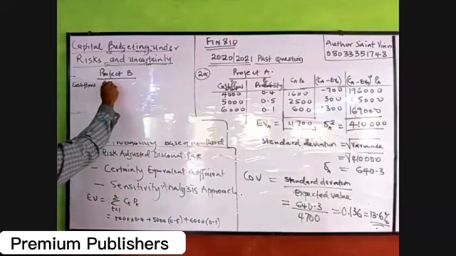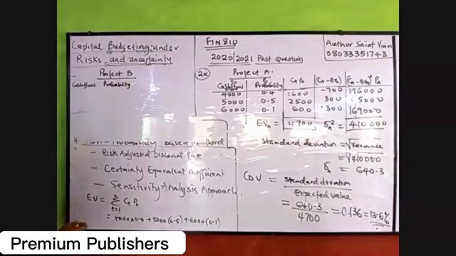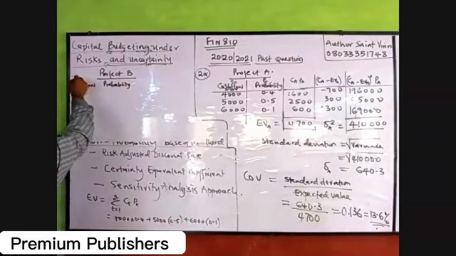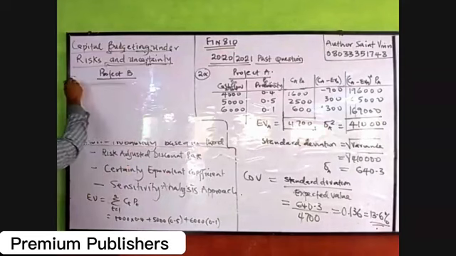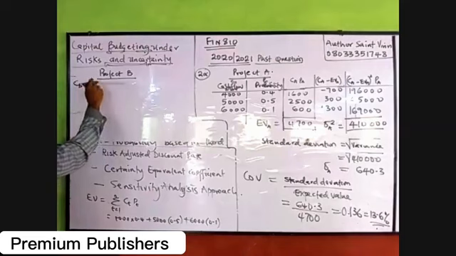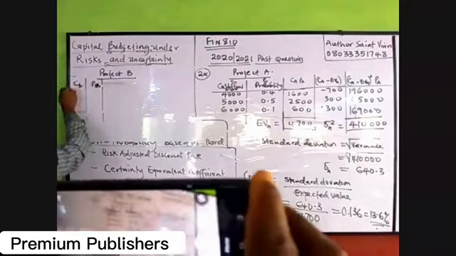Probability. This one will be okay. They all know. So C what? B. B what? BB. They know that one.